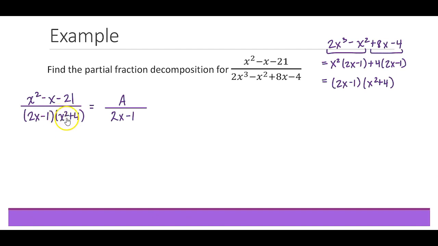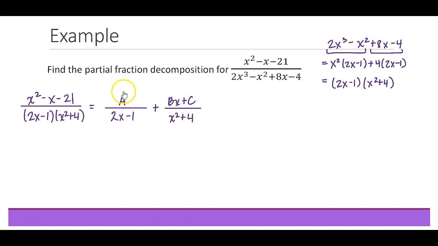And the irreducible quadratic term gets a separate fraction, but above it goes a generic linear term. A linear term in general, I'm going to call bx plus c. So I'm just continuing to use the letters alphabetically.